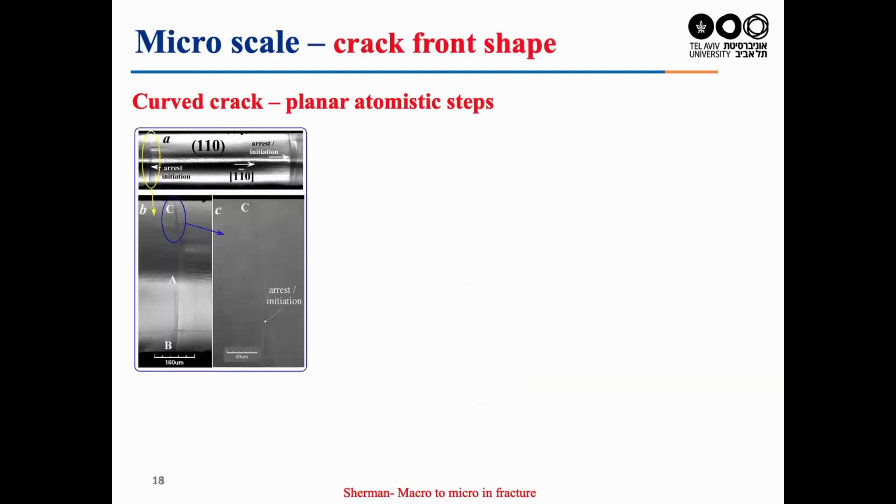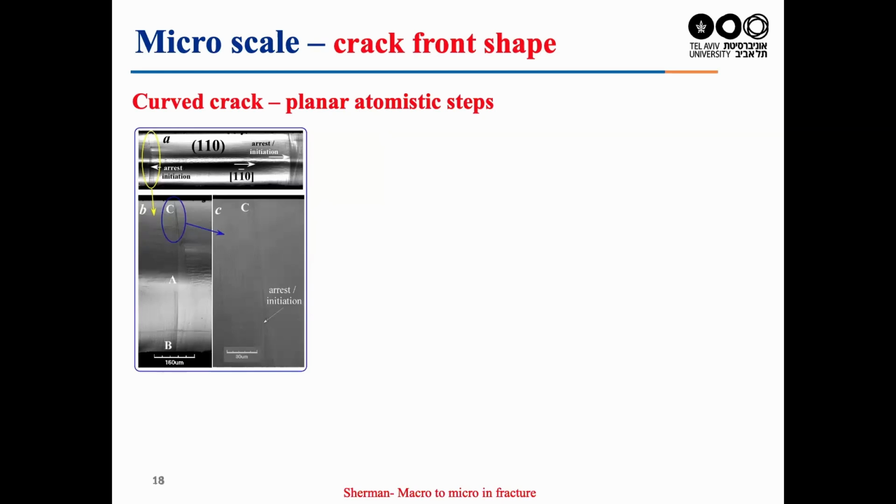Okay, so the most important issue is that when you look at the fracture surface, you see that the crack front is curved. It is never straight. There are a few broken specimens, and you can see the fractures, the crack front in metallic materials, in steel and in aluminum. Crack front is never straight. Okay?